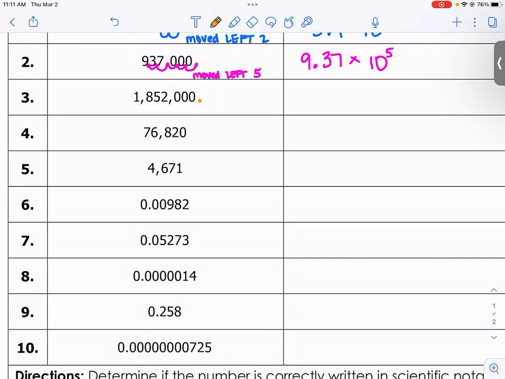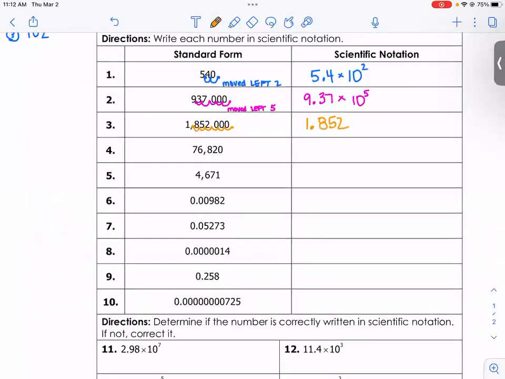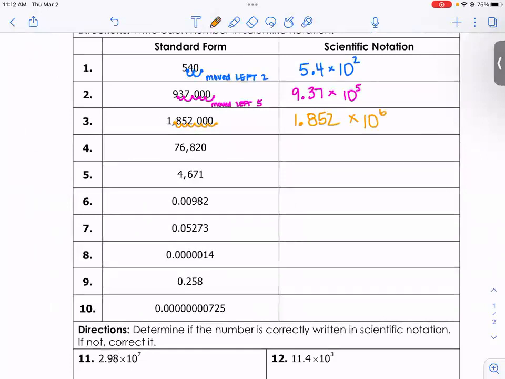All right, so we count 1, 2, 3, 4, 5, 6 places. So I need 1.852. Once you hit zeros, don't worry about writing the zeros, times 10 to the 6th power since we moved it 6 times.